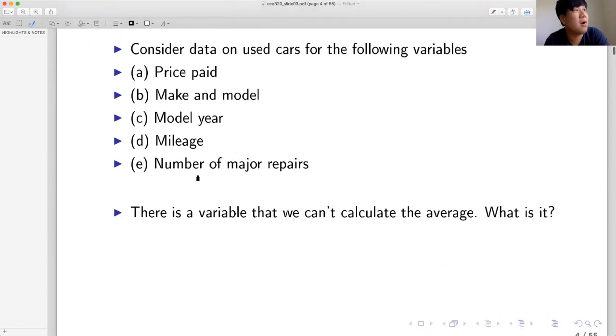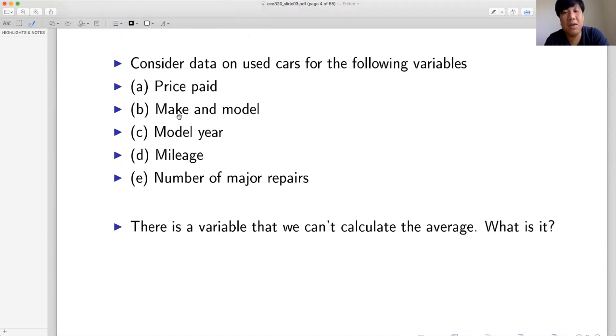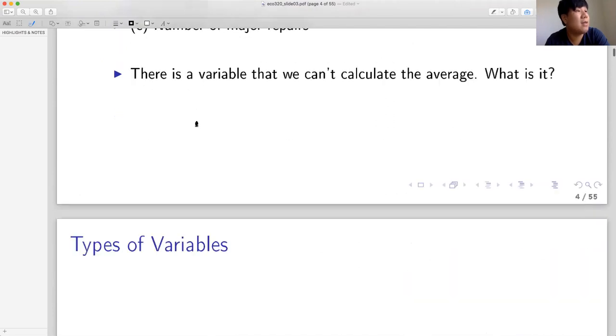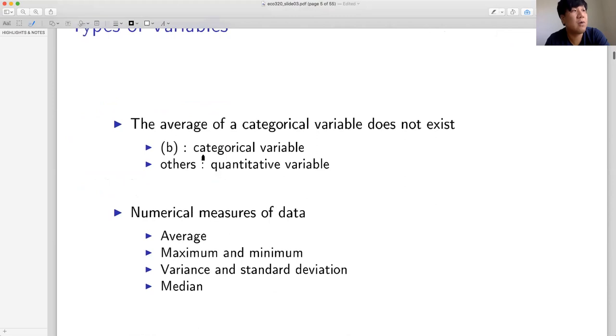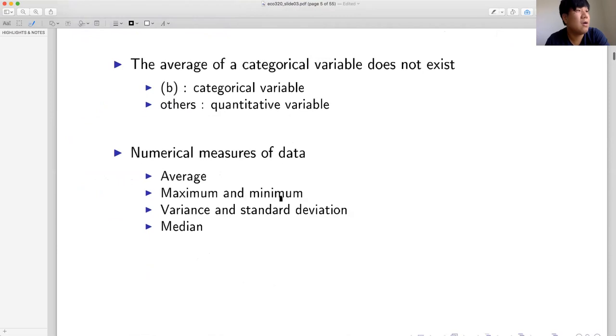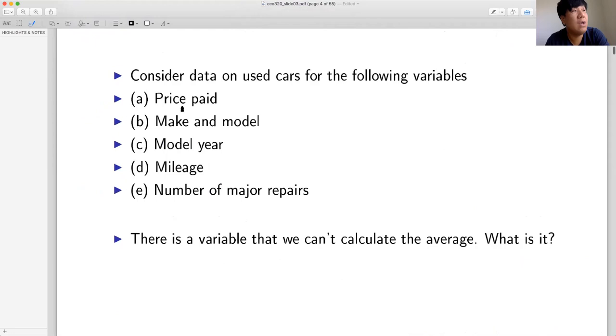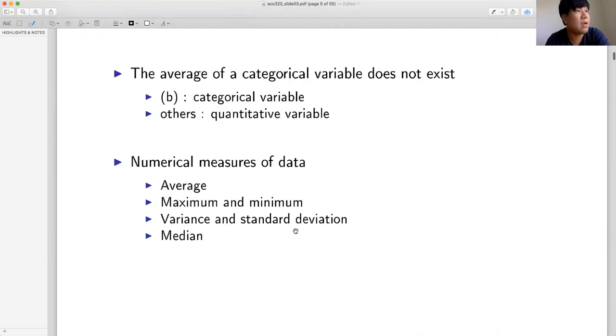For example, some car might be a Honda, some a Toyota, or maybe a Chevrolet or Ford, but those are categorical variables we cannot quantify, right? But for the other things we can calculate the average, maximum, and minimum. For example, we can get the average price someone is paying, the average model year, average mileage, or average number of major repairs. We can calculate all of that.